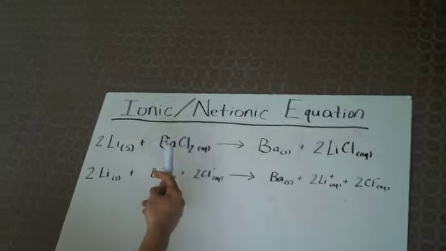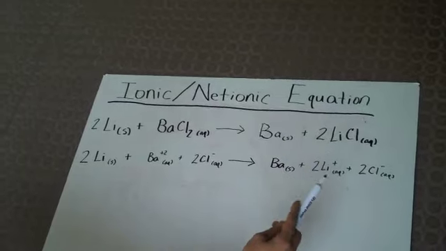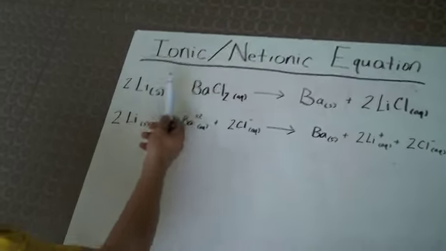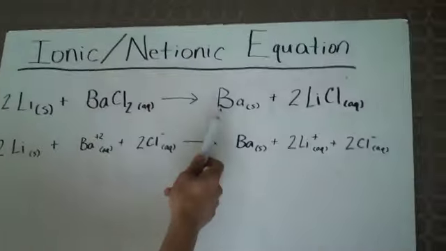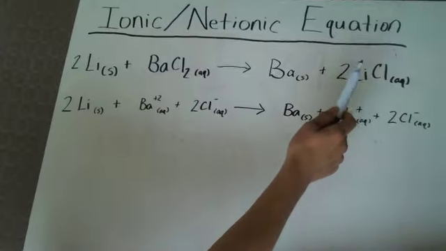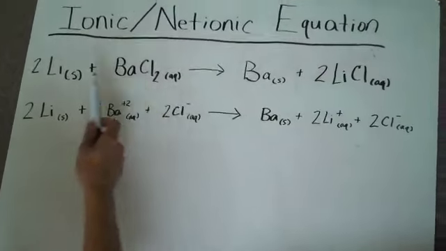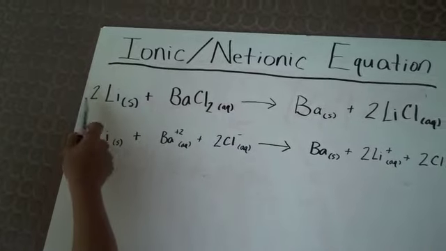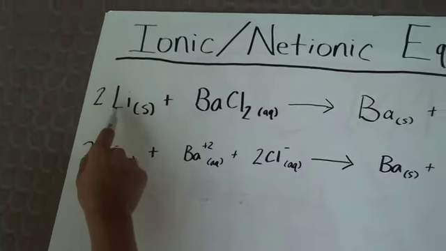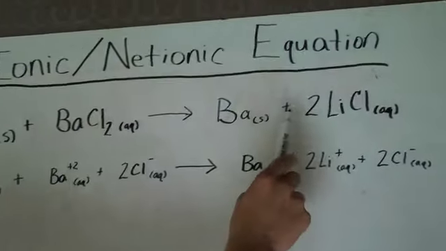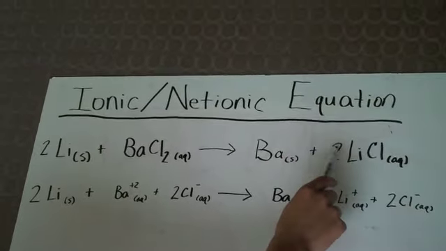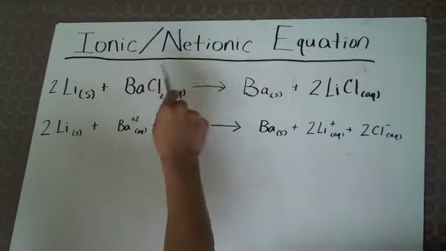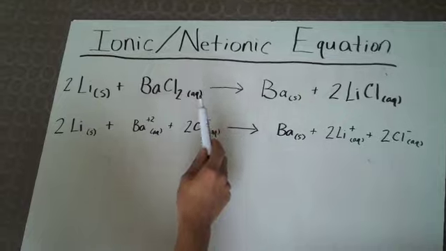Here we have ionic and net ionic equations. This is lithium plus barium chloride yields barium plus lithium chloride, and you have to balance it. So you put a 2 there to balance the lithiums, then 2 chlorides, and there's 1 barium.